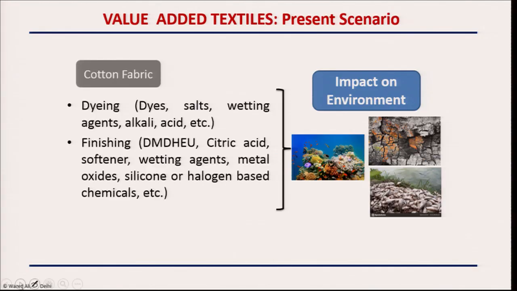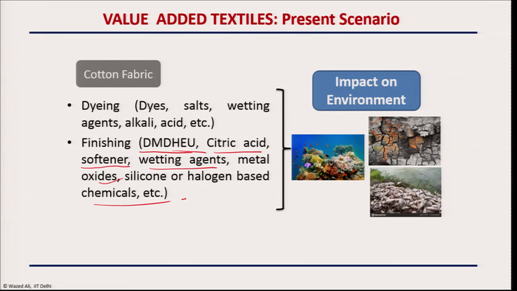For adding this value to the textile material, we are using different kinds of chemicals, for example, dye stuffs, and during dyeing we use other auxiliary chemicals, for example, salt, wetting agent, alkali, and acids. In the finishing treatment we use dimethyl dihydroxyethylene urea, citric acid, sometimes butane tetracarboxylic acid, and chemicals like softener, wetting agent, metal oxide, silicon, halogen, and other stuff.